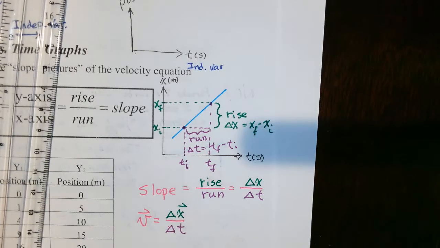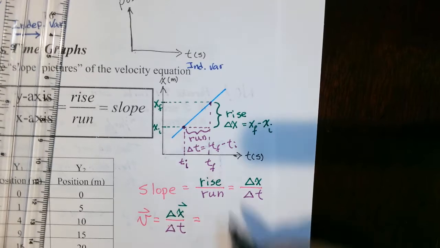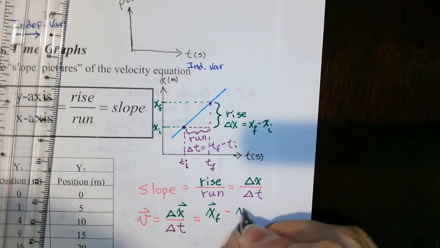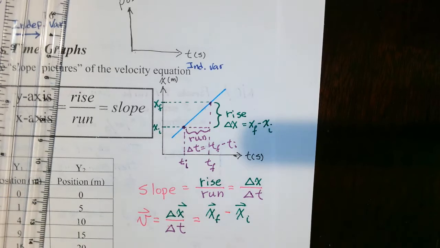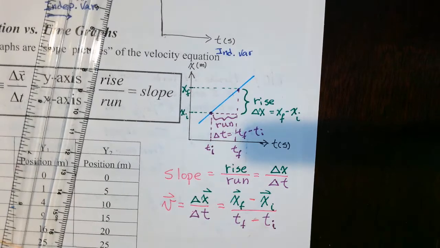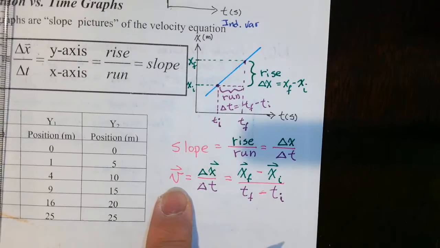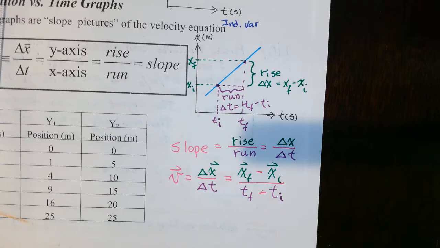And that is simply x final minus the x initial, divided by t final minus the t initial. So that slope of position versus time is really representing the average velocity between the two time intervals. Okay?